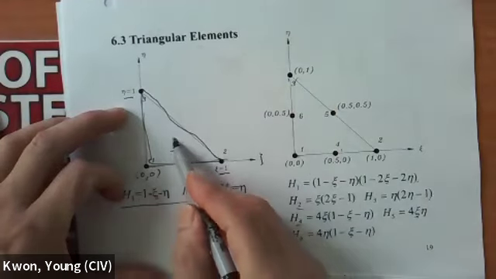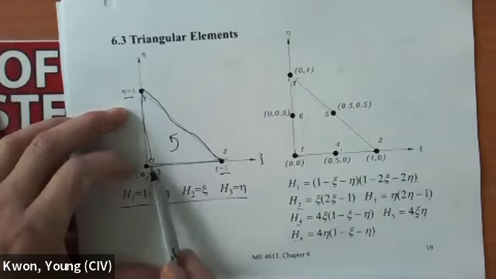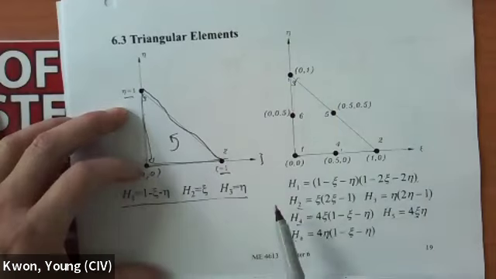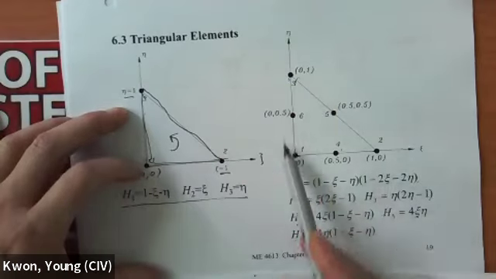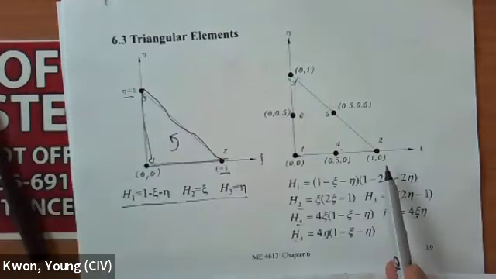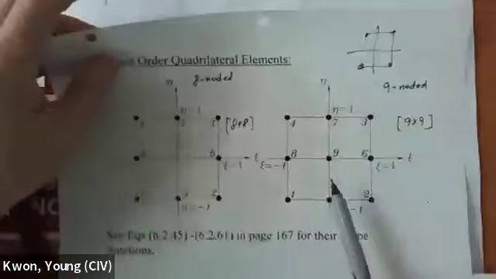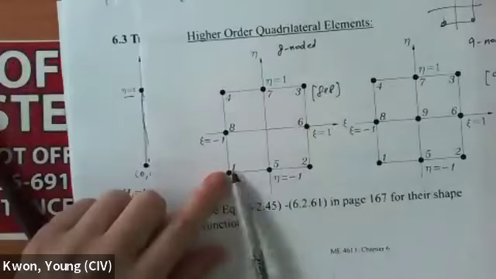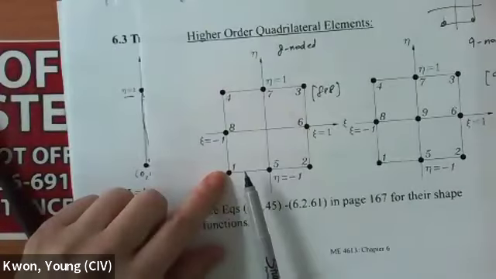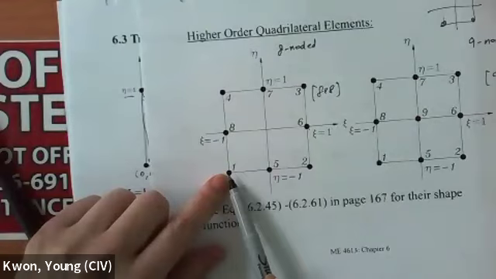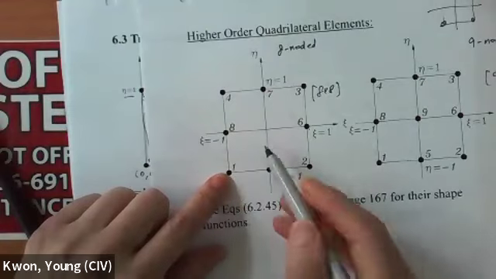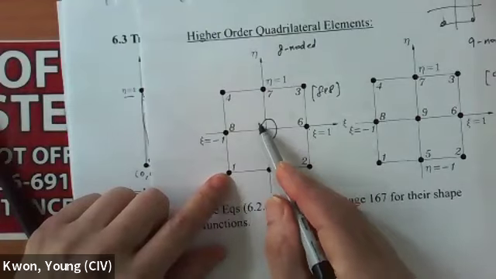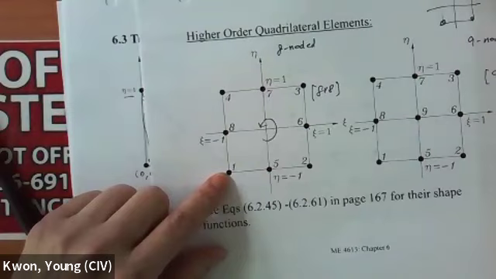The node numbering is just the sequence where it starts from, like 1, 2, 3, then clockwise or counterclockwise. The higher order element, this one as well as this one, there are many choices. For example, for this one you want to start from one of the corners. Then in this case you are going to follow counterclockwise, sorry.